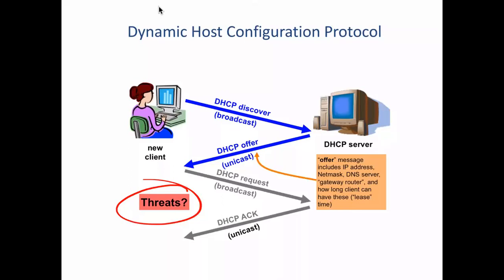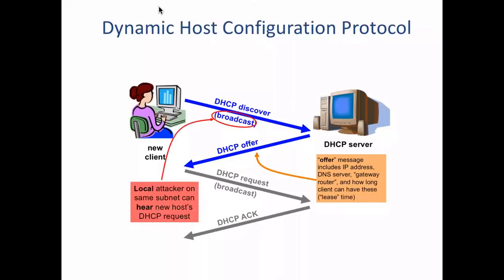Okay. So now a local attacker on the same subnet can hear all the communication that happens wherever there is a broadcast. Like here, the attacker will come to know Alice's MAC address, because she has broadcast it with her MAC address.